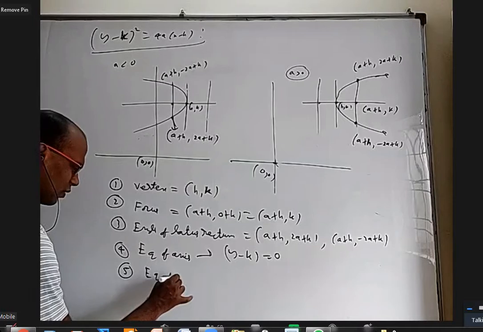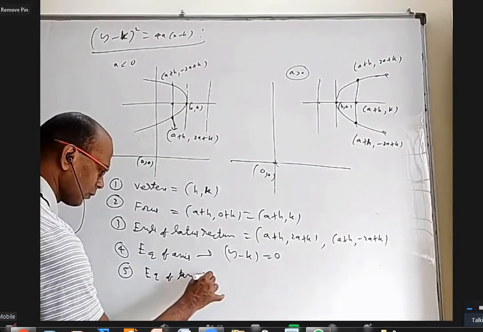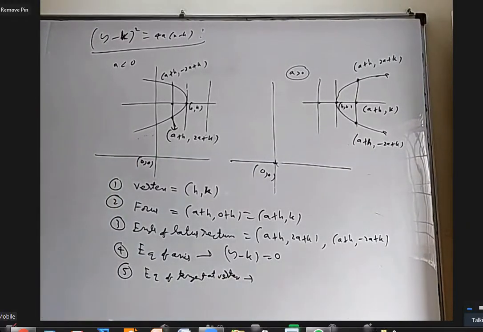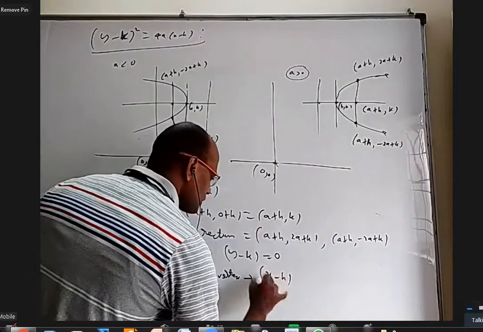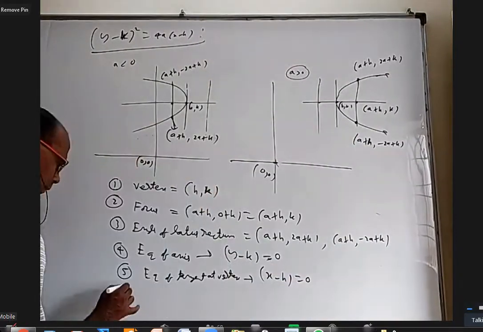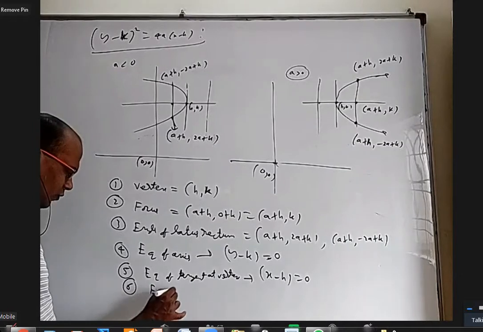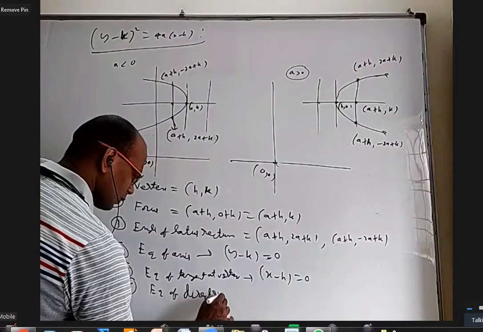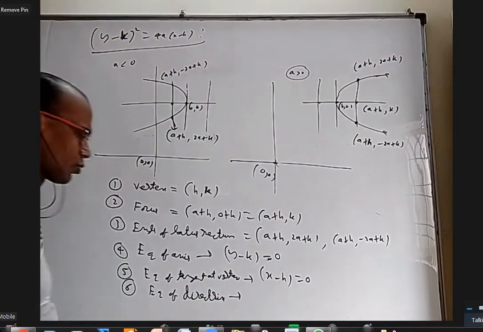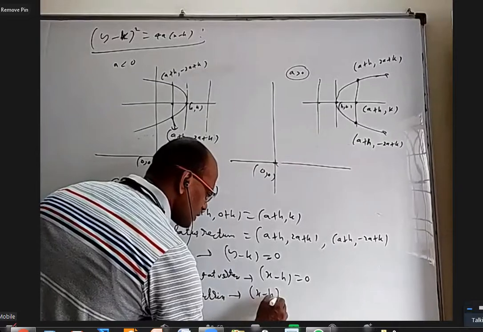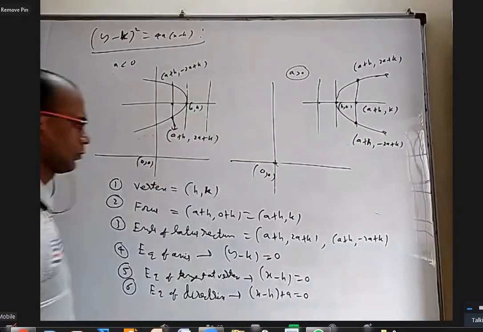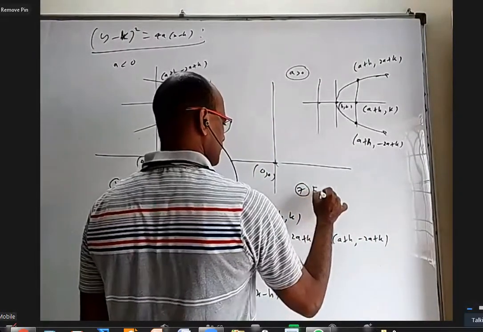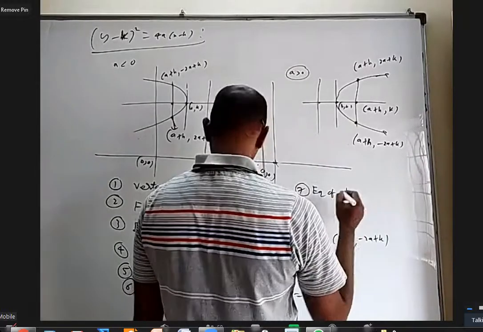Next, equation of tangent at vertex. X minus h equals to 0. Yes, earlier the y-axis is x equal to 0, and now x is replaced with x minus h equal to 0. Equation of directrix. Earlier x plus a equal to 0, now replace x with x minus h plus a equal to 0. Axis, directrix, and tangent at vertex we wrote, right?